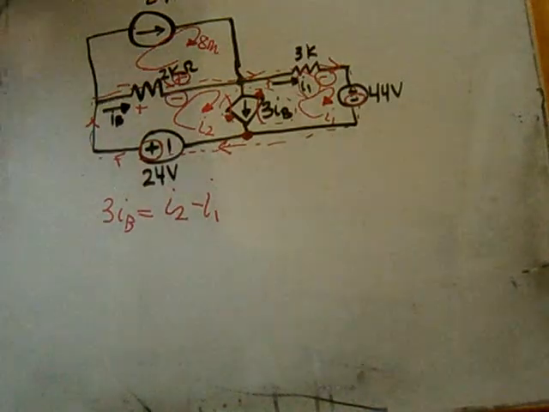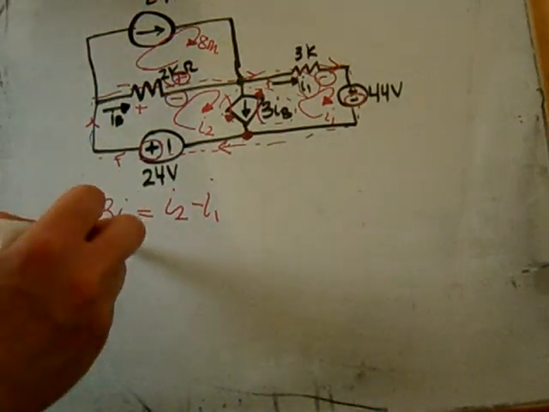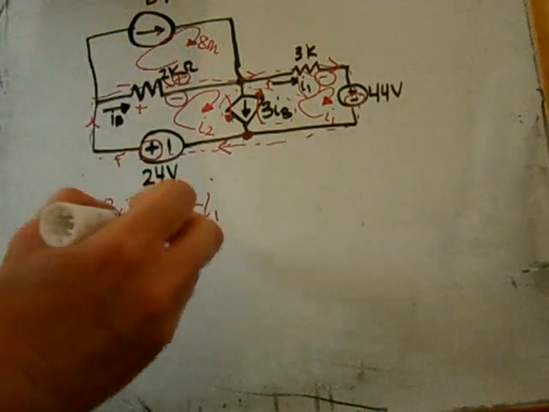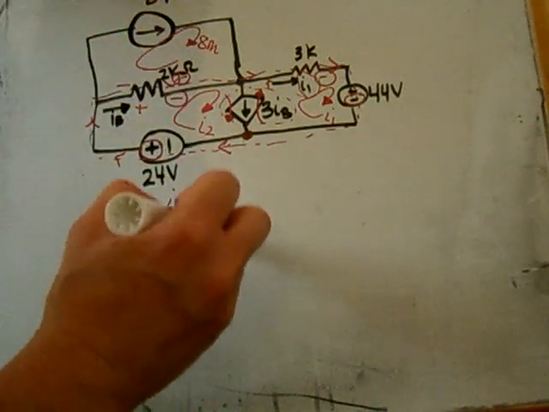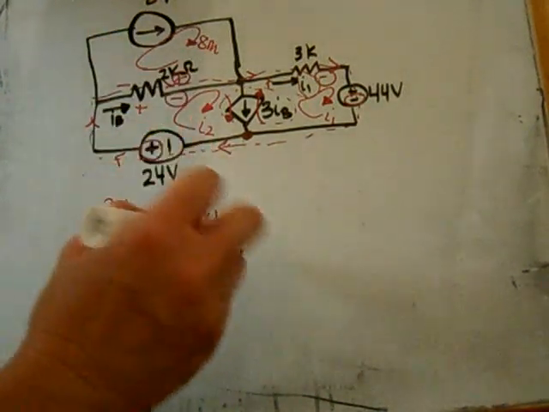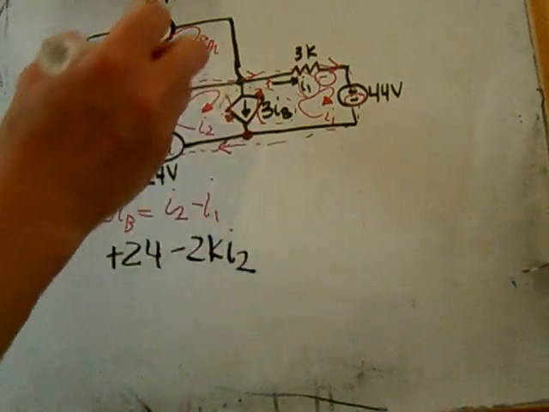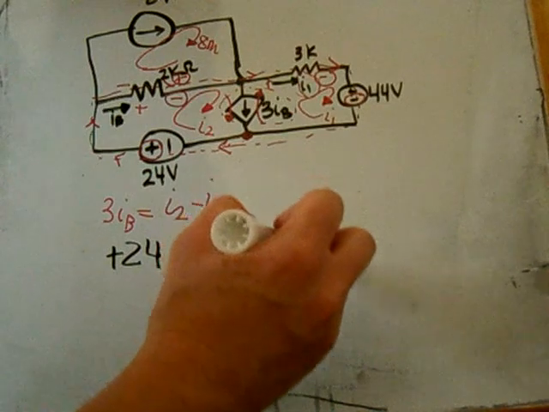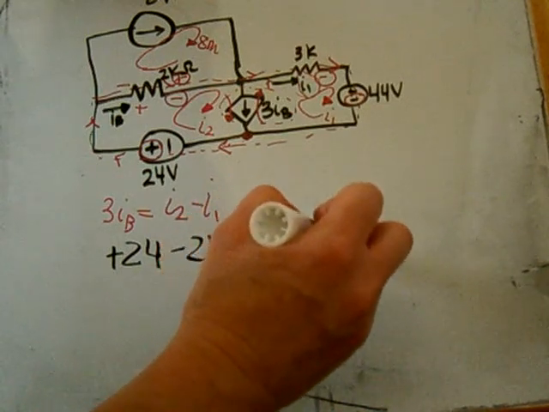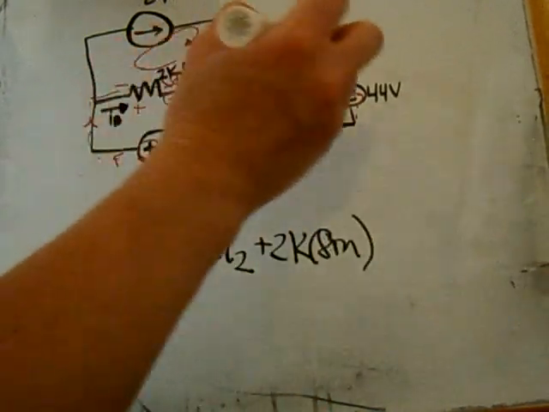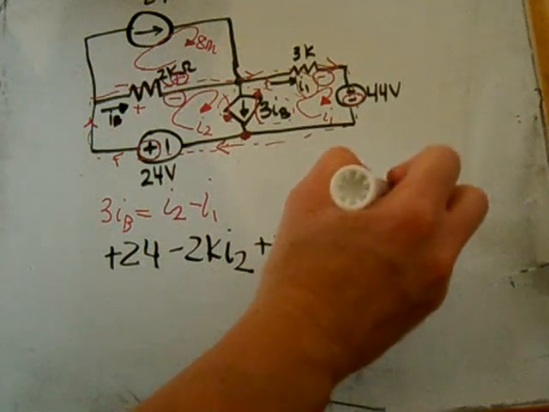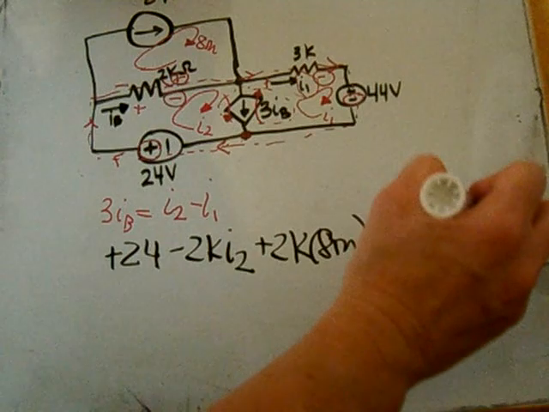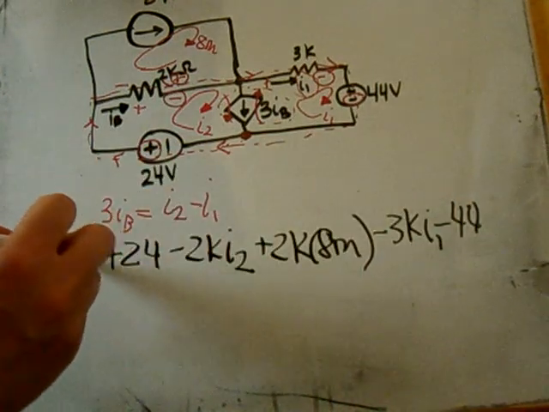So again, that loop was a plus 24, a minus 2K IB, or I2, and then a plus 2K 8 milli, and then a minus 3K I1, minus 44, and that is all equal to 0.